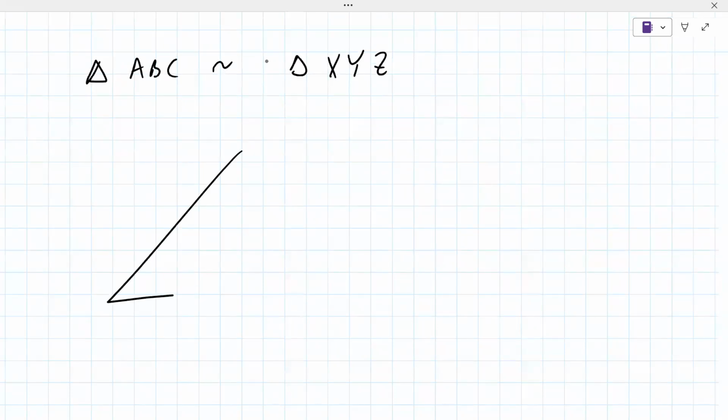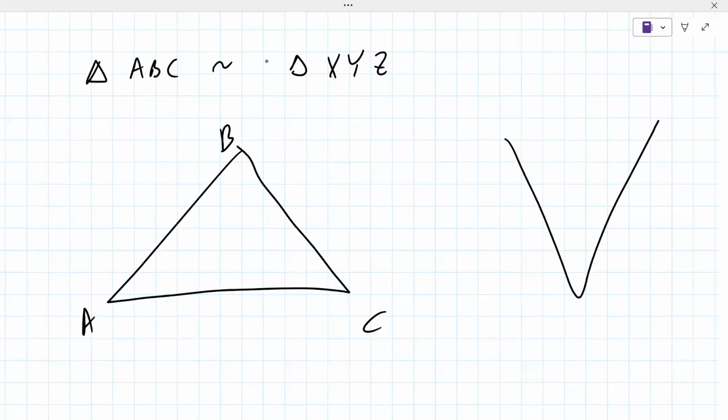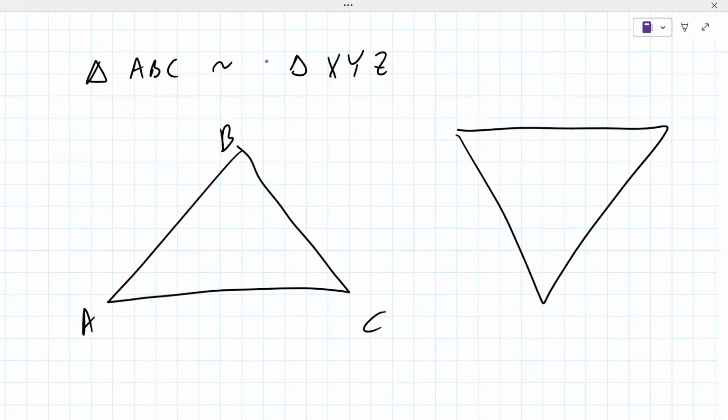So let's talk about triangle ABC being similar to triangle XYZ. Here's ABC. Here's triangle XYZ. Now, what's the first thing you notice about these two triangles, if anything?